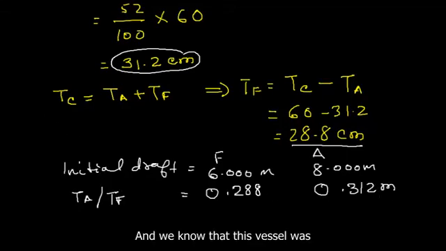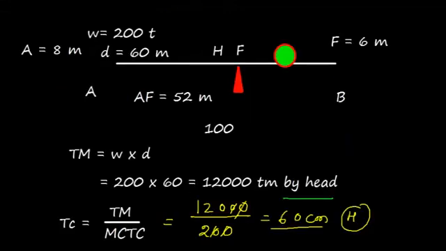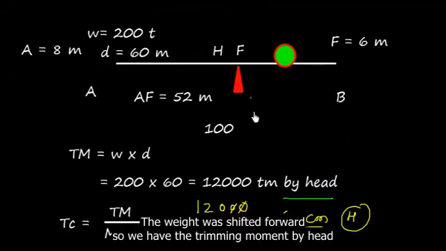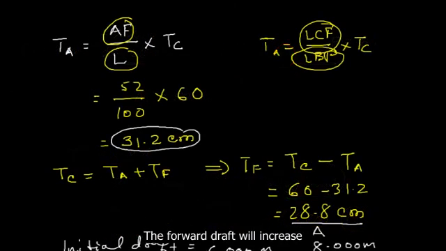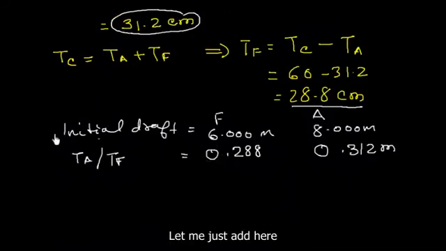And we know that the weight was shifted forward, so we have the trimming moment by head. Hence the forward draft will increase, and aft draft will reduce.